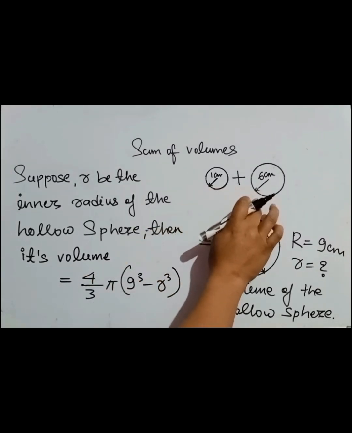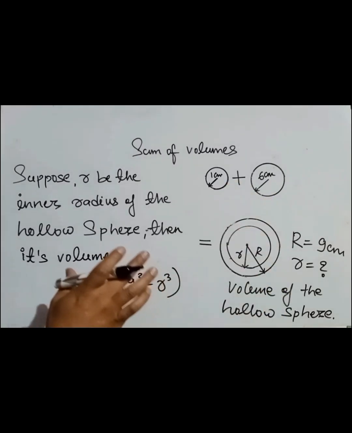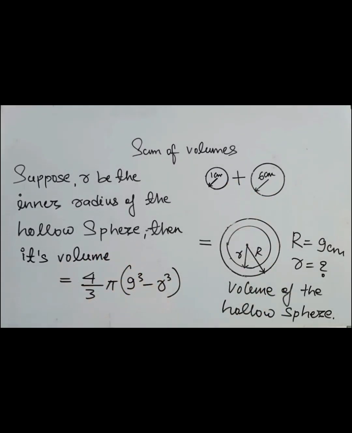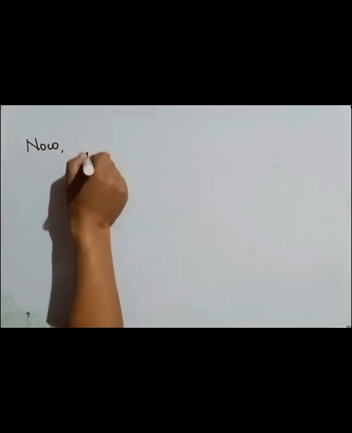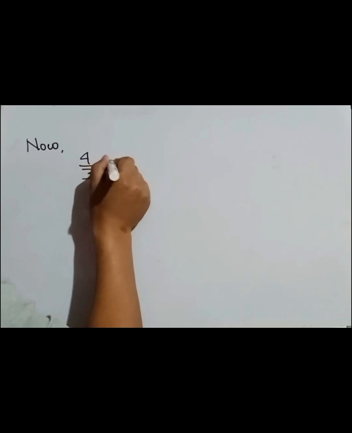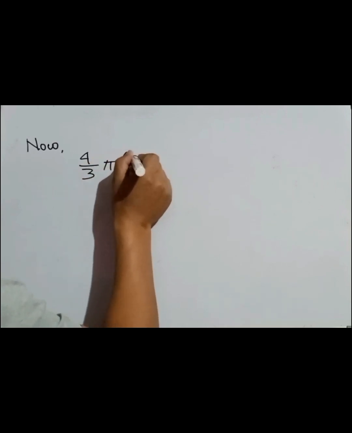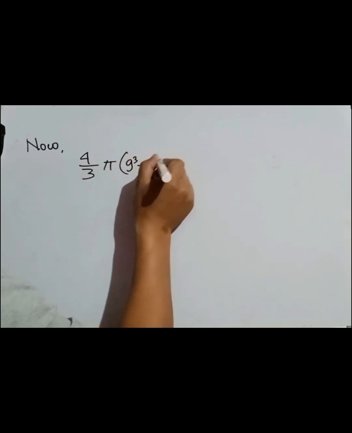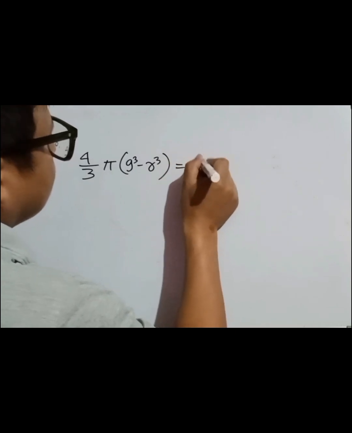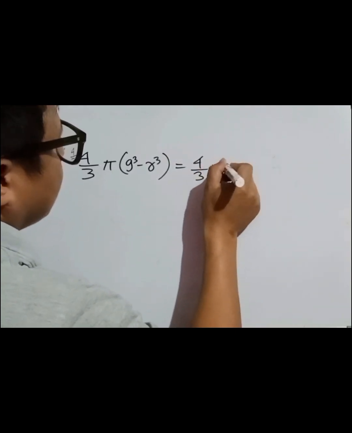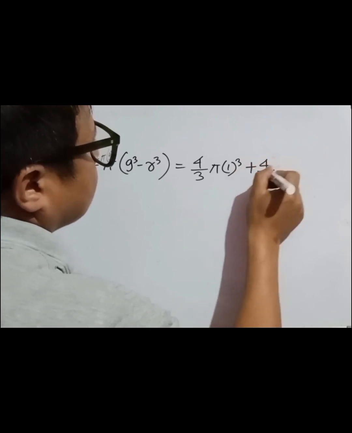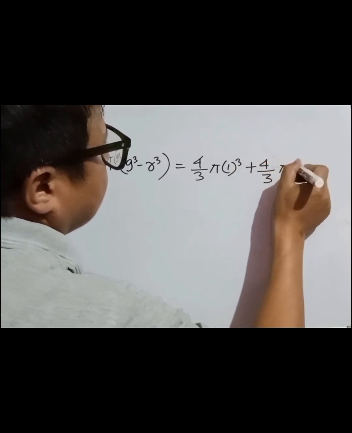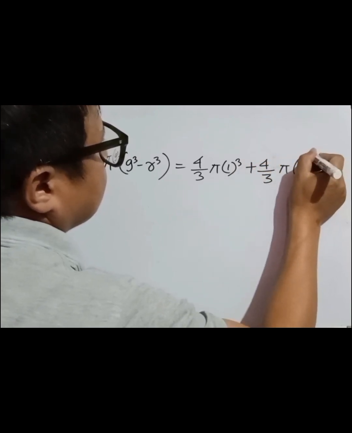Now we have to compare the sum of the volumes of these two spheres with the volume of the hollow sphere. The sum of the volumes of these two given spheres is equal to the volume of the hollow sphere. So this gives 4 upon 3 pi into 9 cube minus r cube is equal to 4 upon 3 pi into 1 cube plus 4 upon 3 pi into 6 cube.